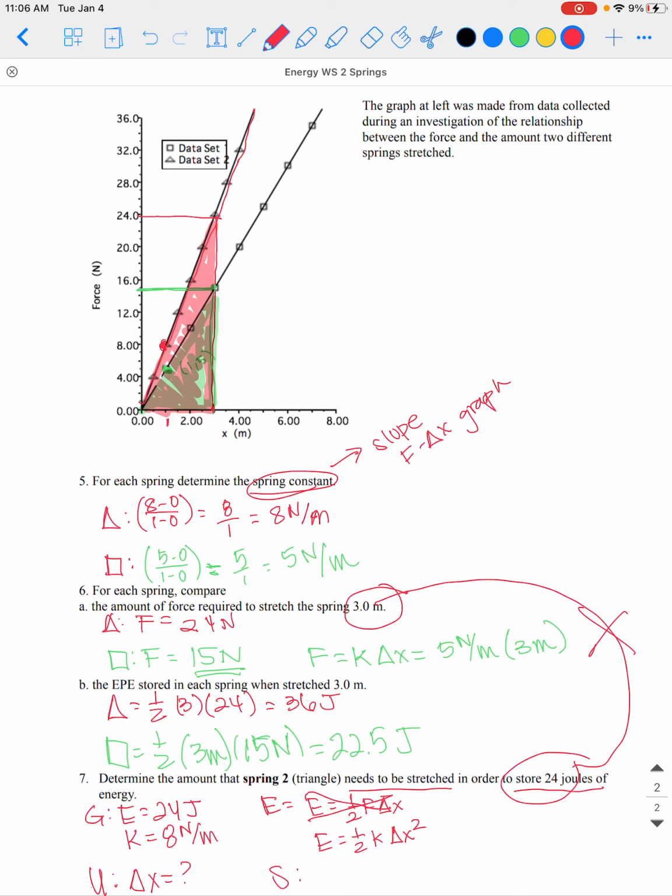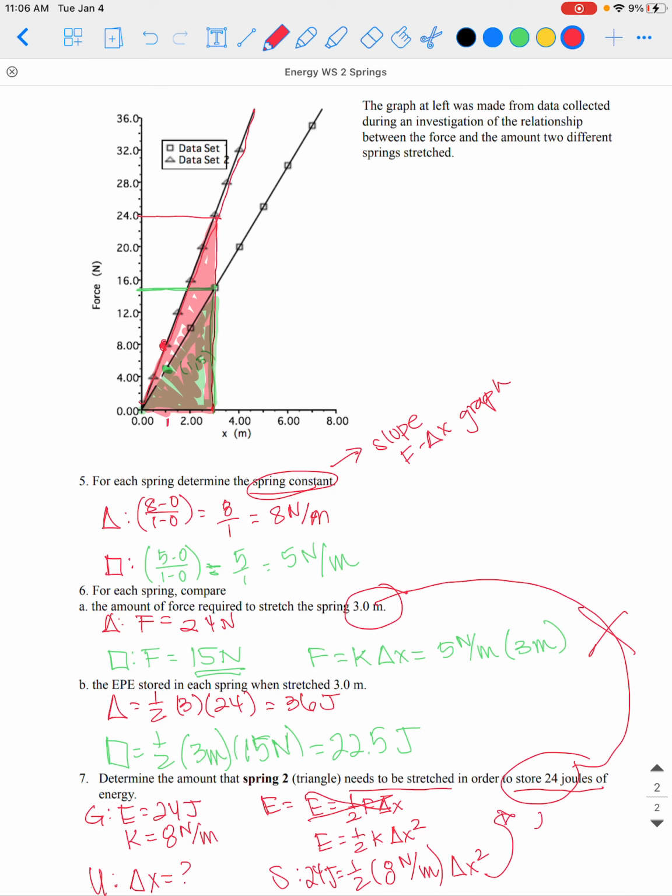I'm going to substitute my 8 Newton meters. I'm going to solve for my delta x squared, and of course I forgot I need to erase my energy because I have that value also, which is 24 joules. So when I solve this, 1/2 of 8 is 4.